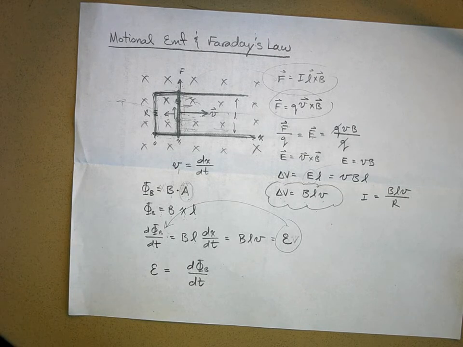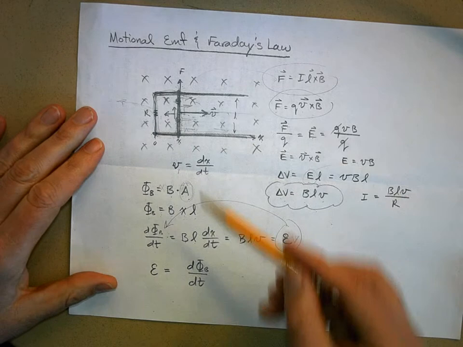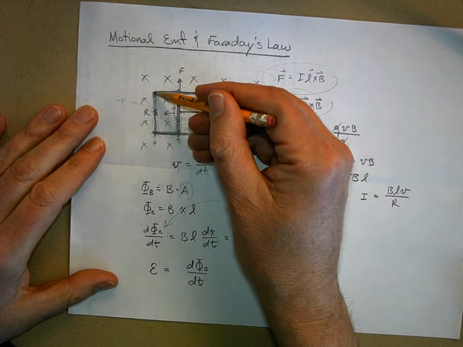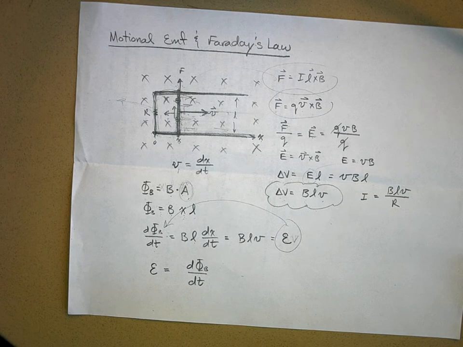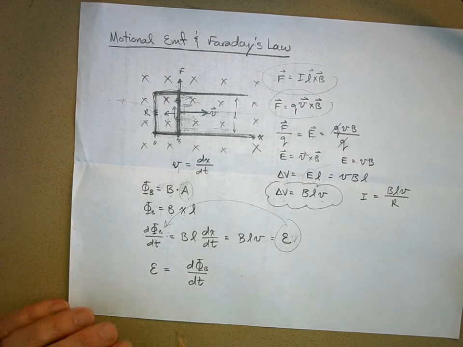I showed it for this, but for any loop of wire, any circuit you have, if you change the amount of magnetic flux penetrating through that loop, you're going to get a voltage.